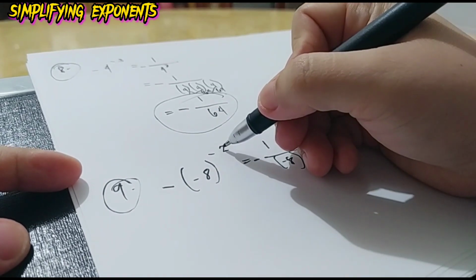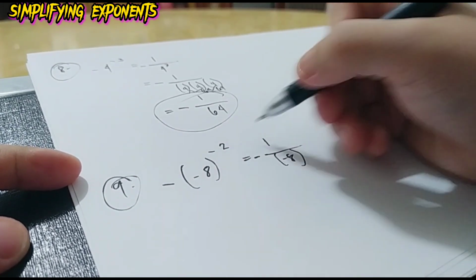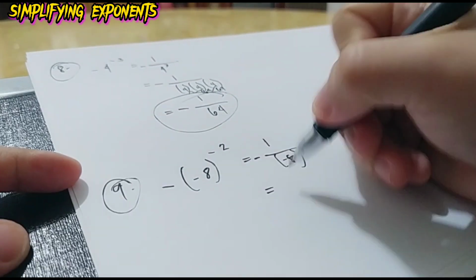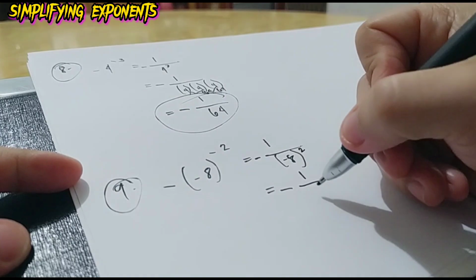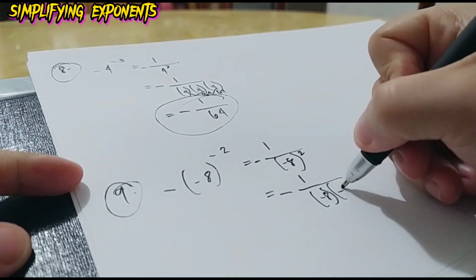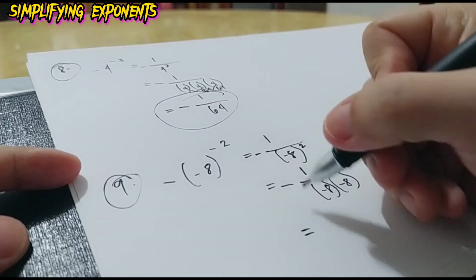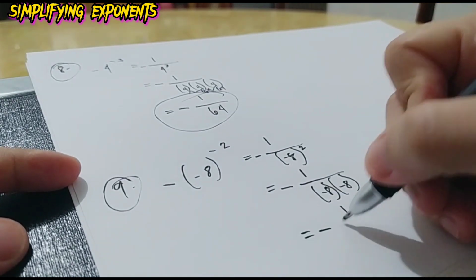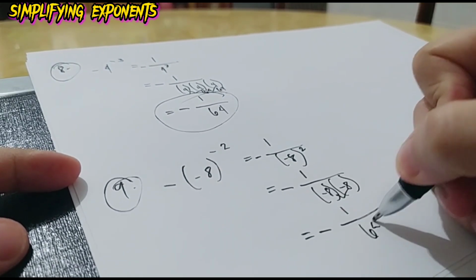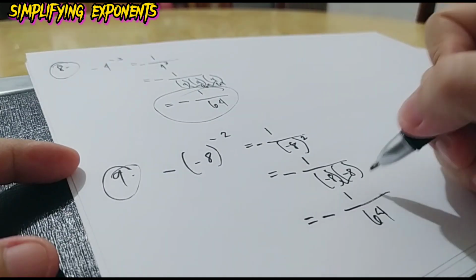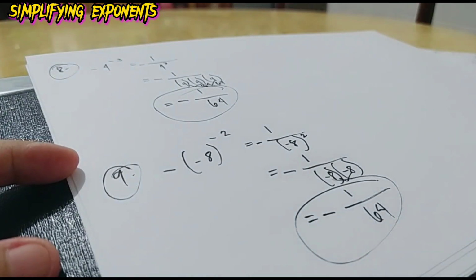And then the opposite of negative 2 is positive 2. Copy that negative sign and then 1 over negative 8 times negative 8. And then copy again that negative sign, 1 over negative 8 times negative 8 is positive 64.